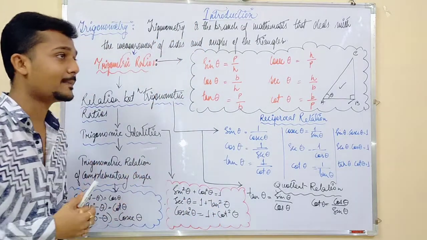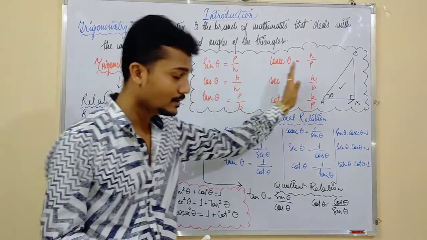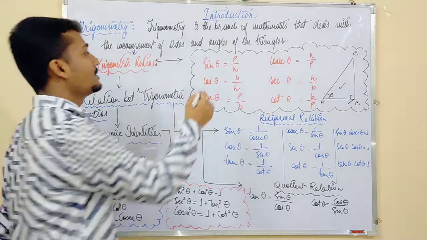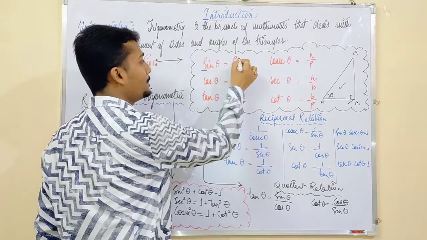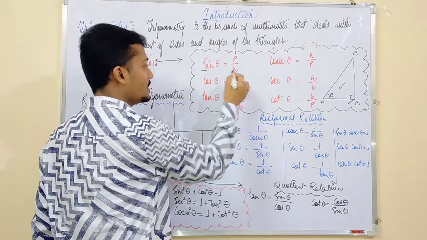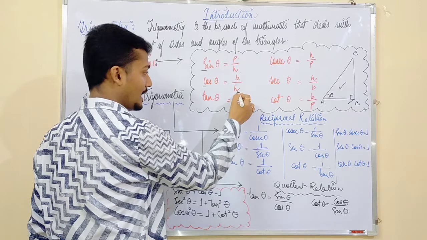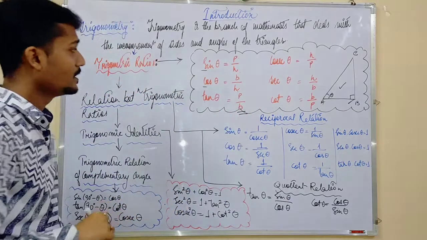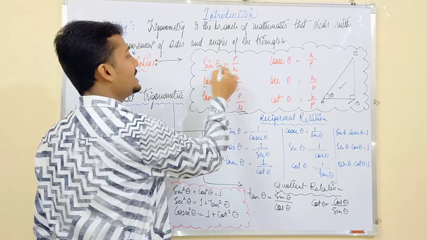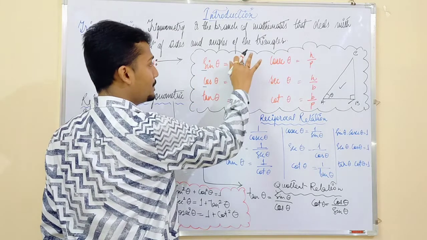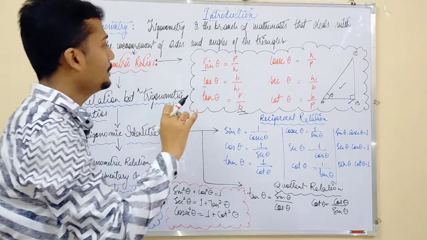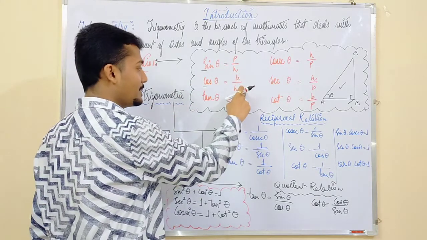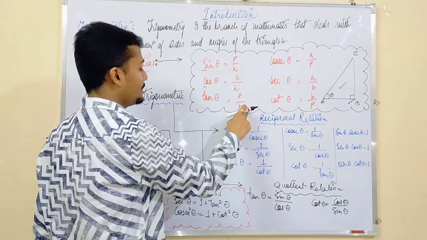Now how to apply this in remembering the various trigonometric ratios? Some people have, curly brown hair, turns permanently black. So sin theta is equal to perpendicular by hypotenuse, cos theta is equal to base by hypotenuse, tan theta is equal to perpendicular by base.